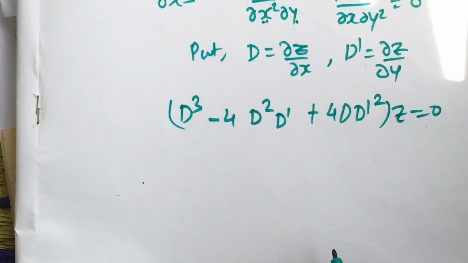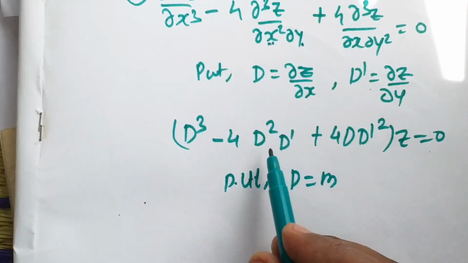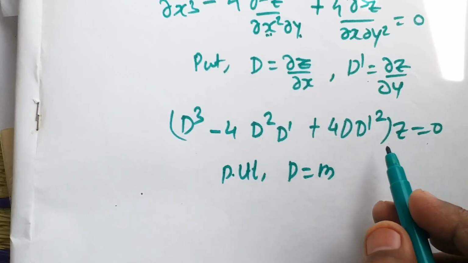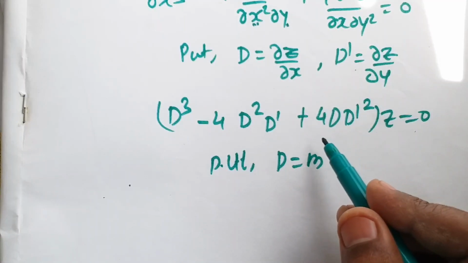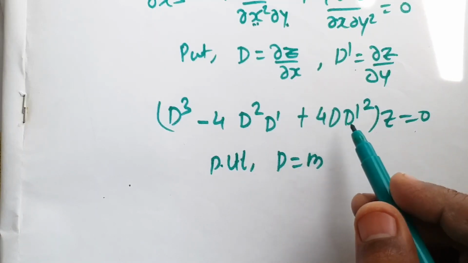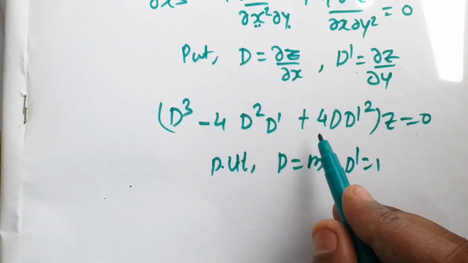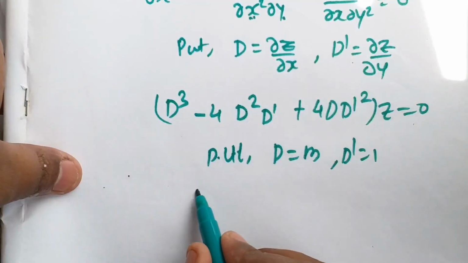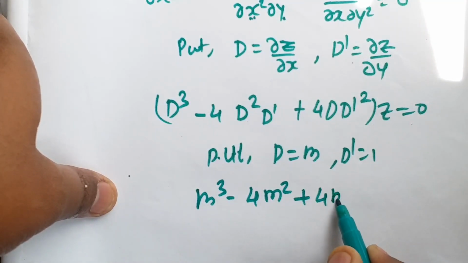Now next thing is to calculate the auxiliary equation. Put D equal to m. Again you can check, we cannot take D common or D dash common, there is no common factor D or D dash, so sub cases cannot be applied here. Whenever it is possible to take D or D dash common, for that common factor we write a separate solution, and for the remaining factor we do the substitution D equal to m and D dash equal to 1.